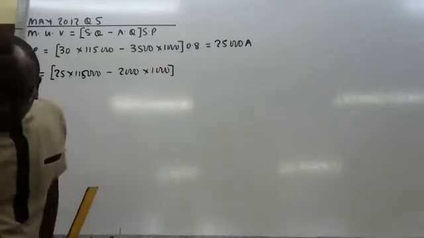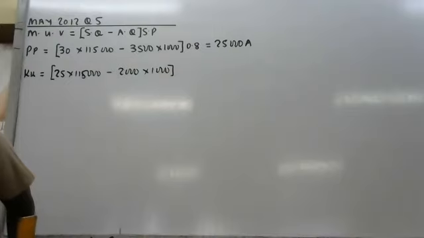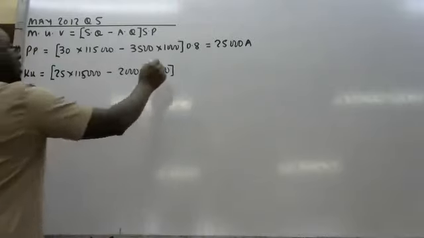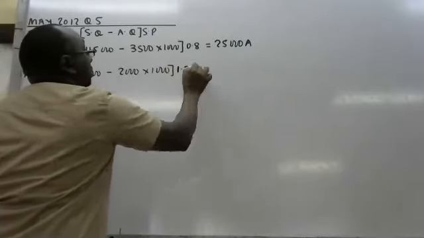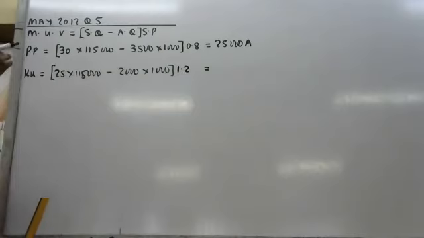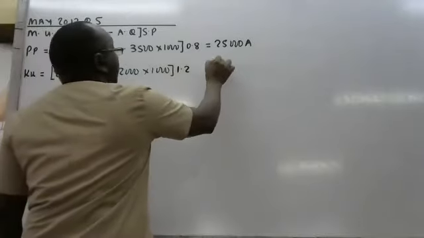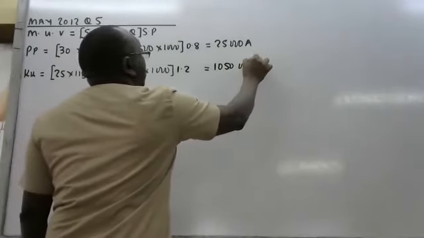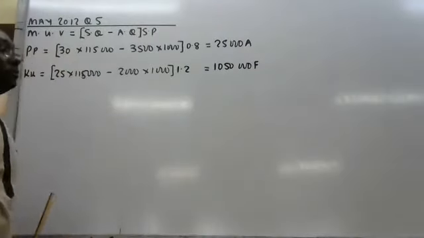And the cost per gram was 1.2. That gives 1,050,000. Favorable.